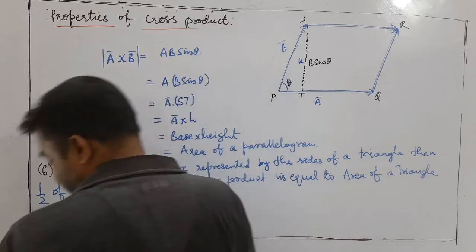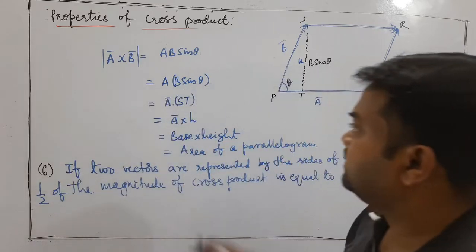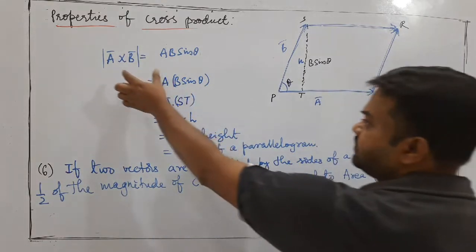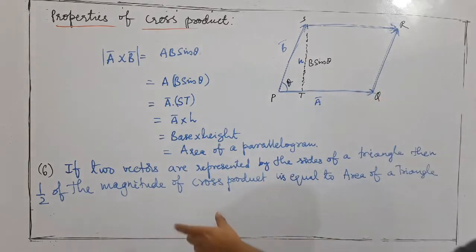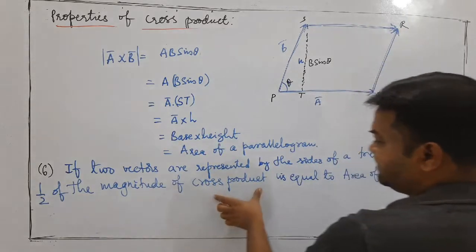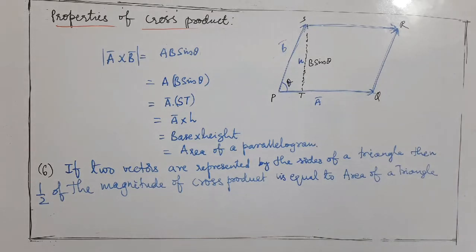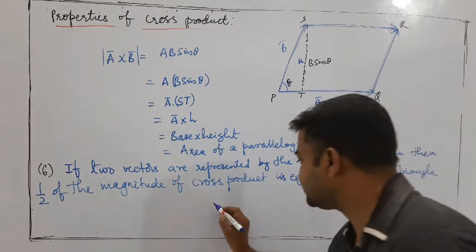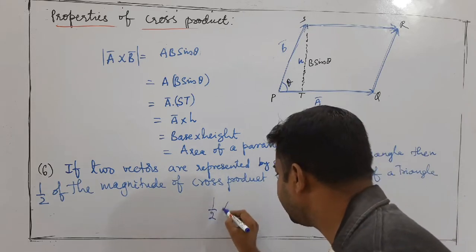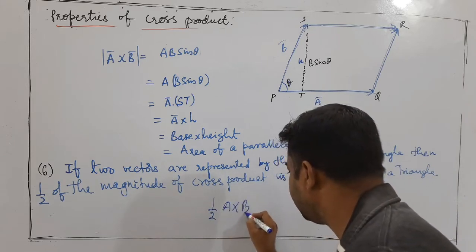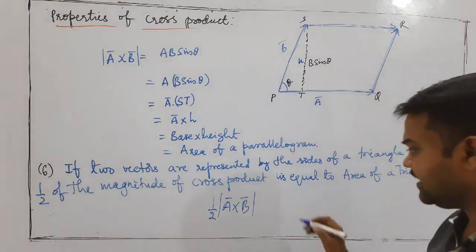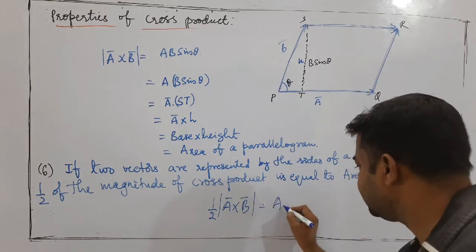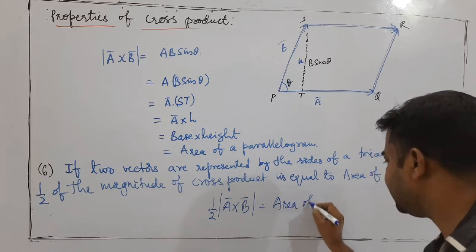In the previous case, the magnitude of cross product gives the area of the parallelogram, but here half of the magnitude of cross product, half of magnitude of A bar cross B bar, is equal to the area of a triangle.